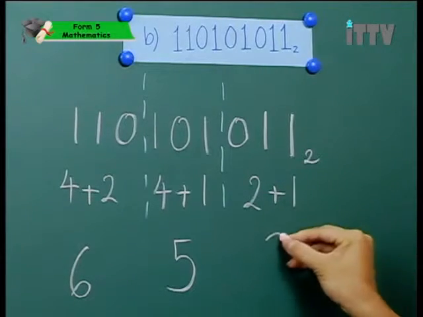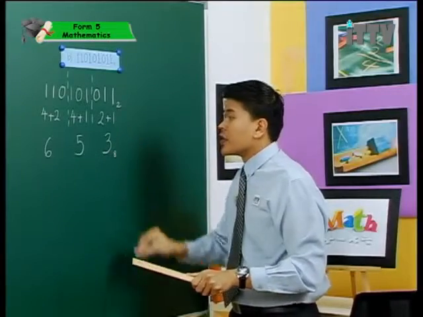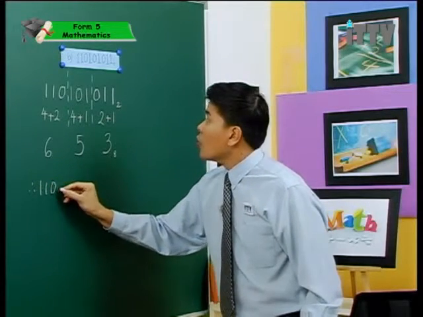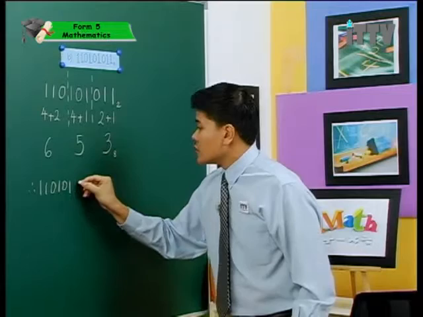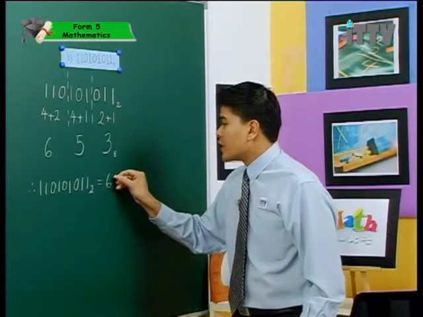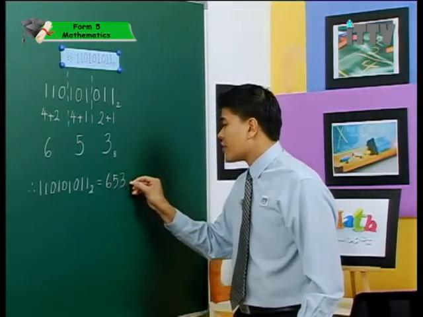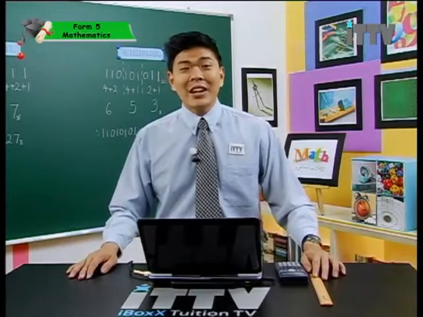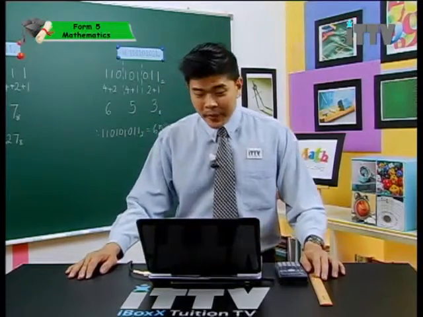So 2 plus 1, 3. Therefore 110, 101, 011 in base 2 is equivalent to 653 in base 8.